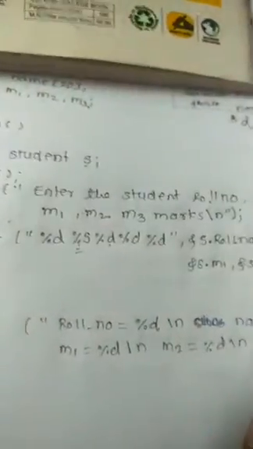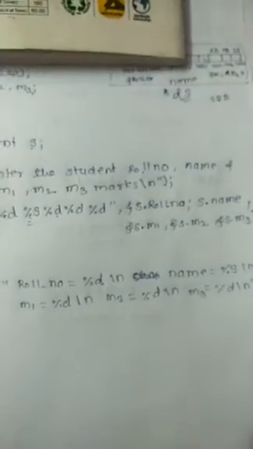This is a quote. Whatever information you write inside this quote is displayed on your output screen. Other than the information, if you write a format specifier, you can mention the variable name and escape sequence. This printf statement gets executed. So this %d means your roll number, and you write the variable name for this %d. The variable name is my S dot roll number. That time only this information gets displayed.